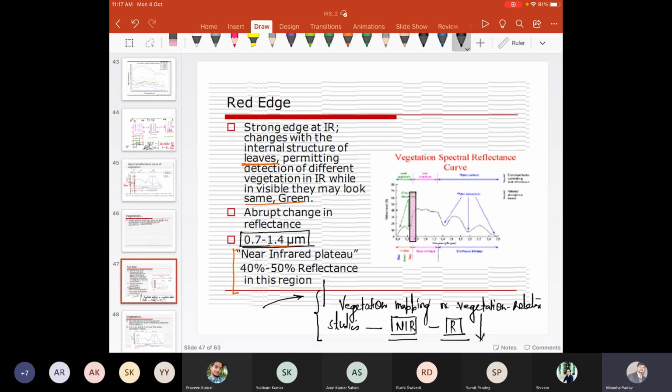So again, this is a concluding remark: at the red, there is a valley, and in the NIR band we have reflectance of 40 to 50%. Due to these reasons, we select the NIR and red bands for further analysis of vegetation.